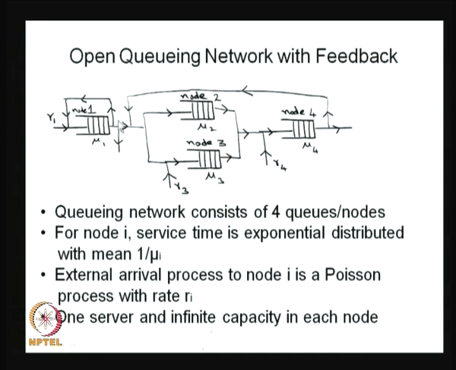That is the way you can make out the probability for this; otherwise we need to supply the routing probability matrix.